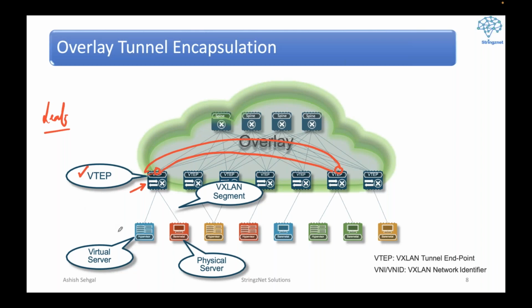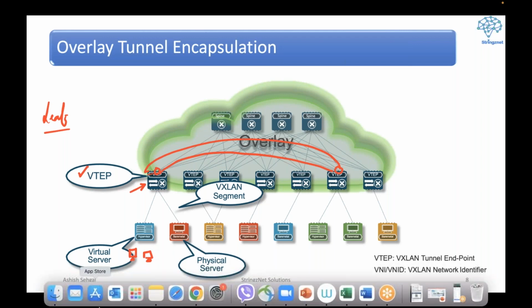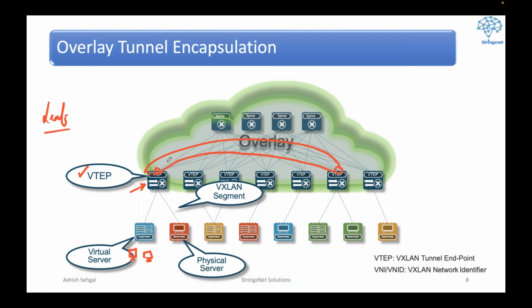Down below our VTEP devices, we have our endpoints. Our endpoints are in our servers. Say we have multiple endpoints here. The holistic intention of these endpoints is to avail this tunnel facility, and in order to avail this tunnel facility, they have to enter into a segment from their legacy segment to a VXLAN segment.